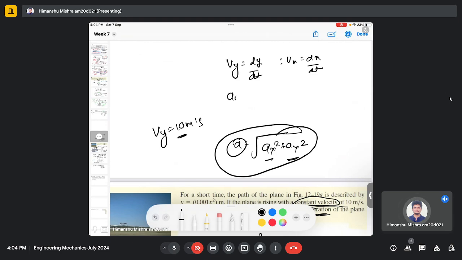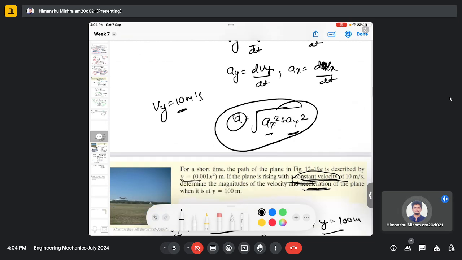Similarly, my acceleration in y direction will be rate of change of Vy in time, and my Ax will be rate of change of Vx in time. But in the question the rising velocity is constant, Vy is constant, and it's given as 10 meter per second, which means its rate of change is 0 because it's not changing.